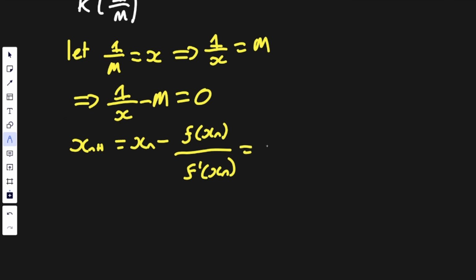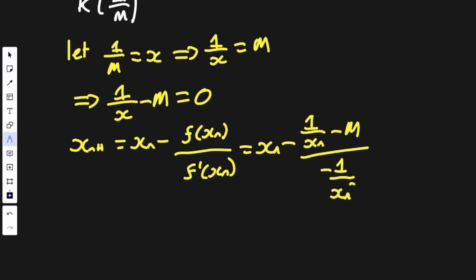Well, that leaves us with xn minus 1 over xn minus m over, now the derivative of this is minus 1 over xn squared.